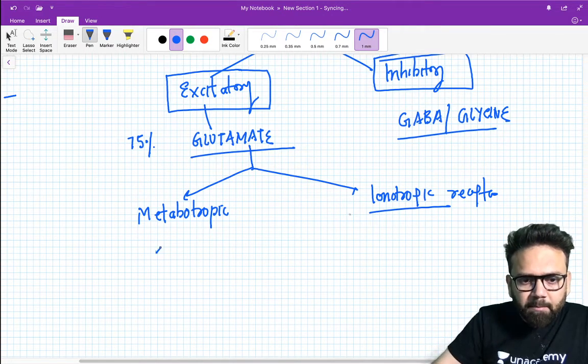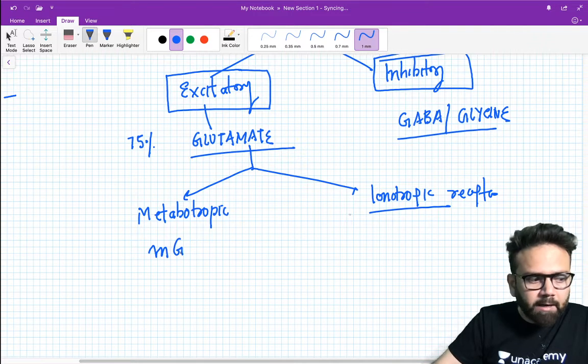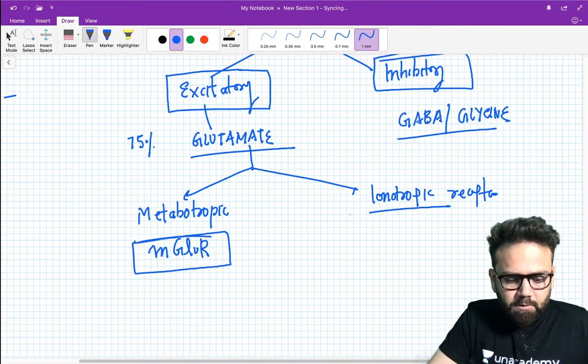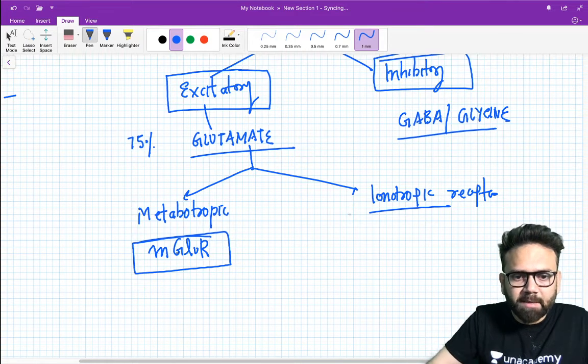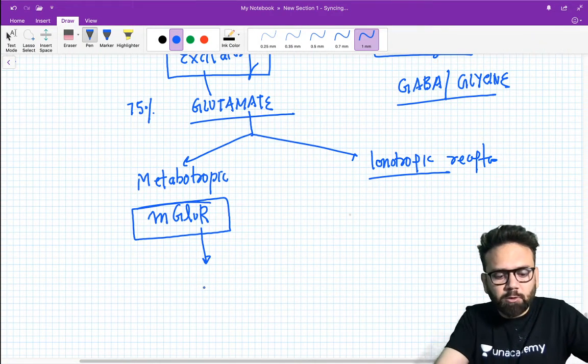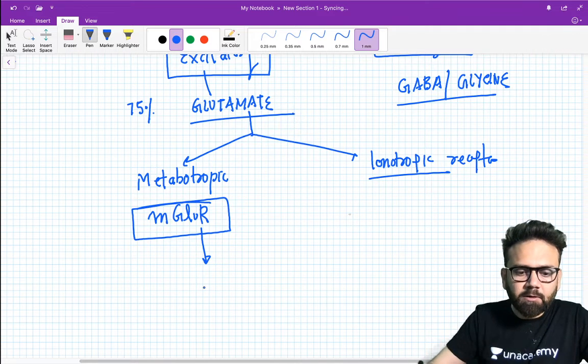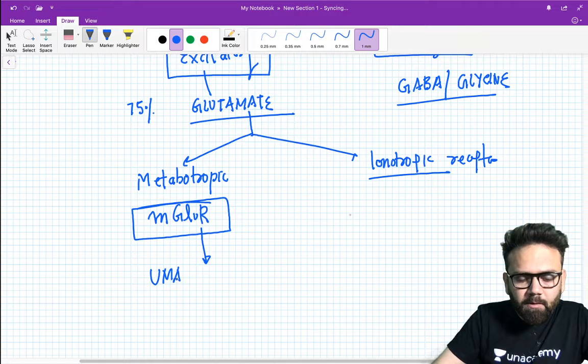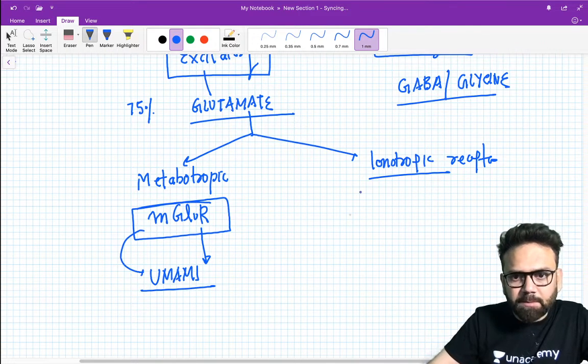Metabotropic is called the metabotropic glutamate receptor. Do you know any example of a metabotropic glutamate receptor? Umami taste is because of the metabotropic glutamate receptor.